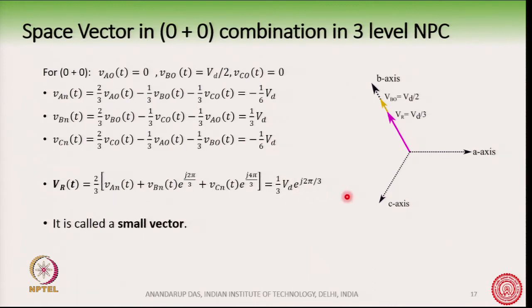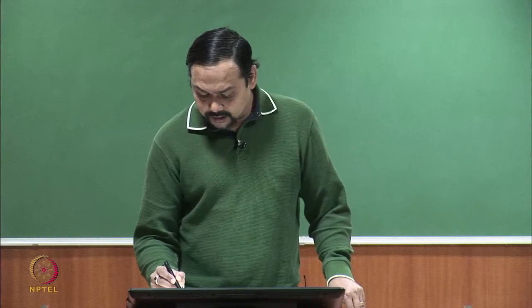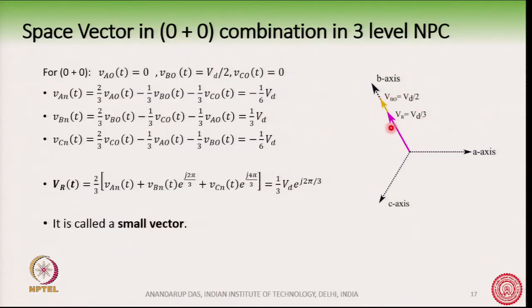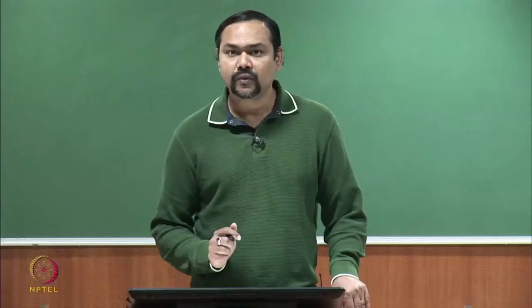So, the resultant space vector has a magnitude of 1/3 Vd. So, here you can see how the space vector looks like. The resultant space vector is given by this pink arrow, and it has a magnitude of 1/3 Vd. Okay. So, this is for one space vector.